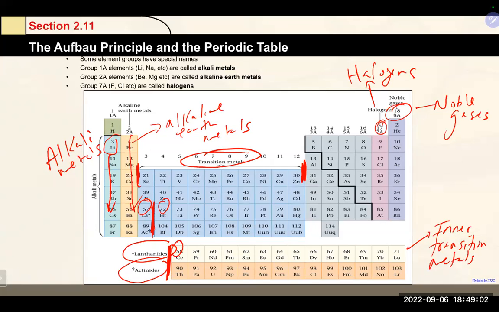I've only seen one periodic table where they actually put them in the right location. They needed the entire wall, shifted the periodic table all the way over, and put those two rows there. So these guys technically do go in here. If you follow the numbers, they follow the lanthanides and actinides, which is why they're referred to by those two names. Any questions on that?